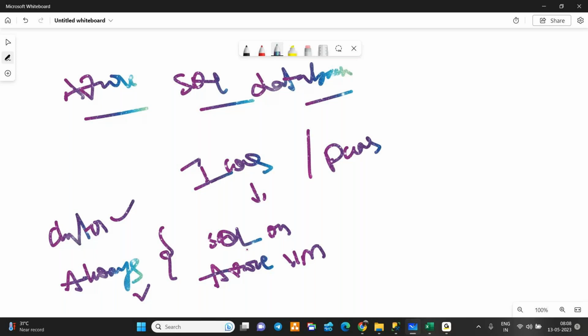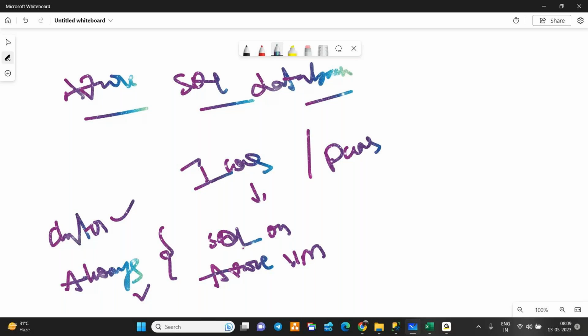So if you want to access the infrastructure, like if you want control of the operating system, then we'll go to the IaaS platform. It's almost like on premises only. How you work on premises, you will work the same in the IaaS platform, but the main difference is your servers will be maintained by your cloud provider.